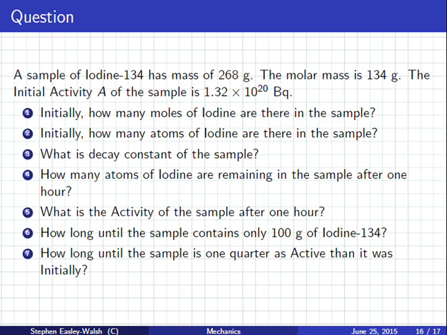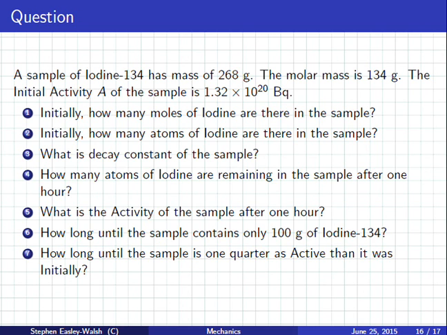Now the first question is actually quite short. Maybe you can tell me the answer by looking at it. How many moles are there of iodine? 2 moles. Very good. Why 2 moles? 1 mole is 134 grams, and we have 268 grams.